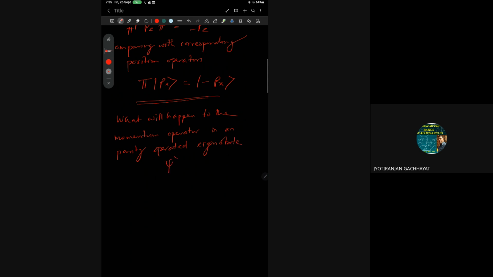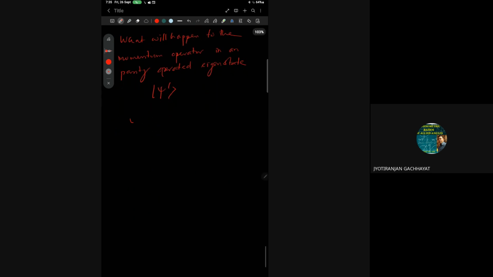That is psi prime. So what we will write basically is psi prime px psi prime, like this.